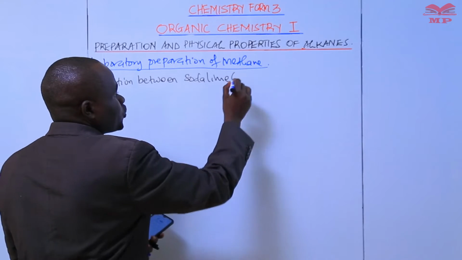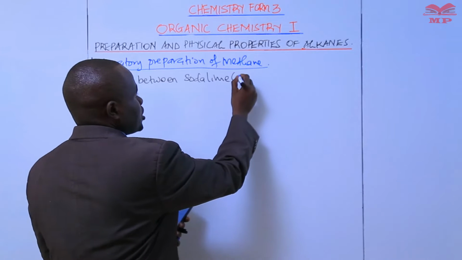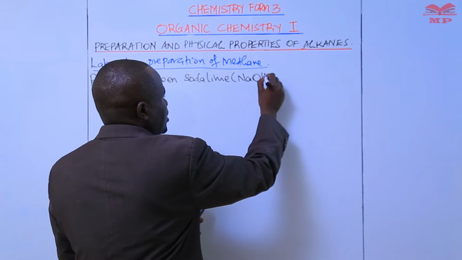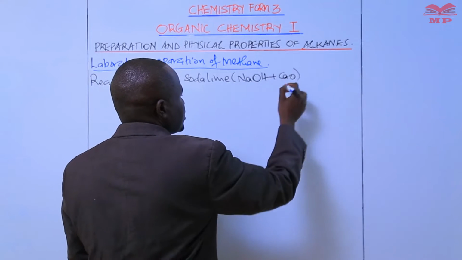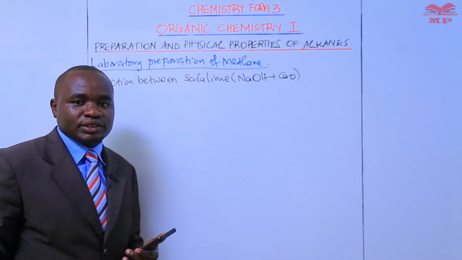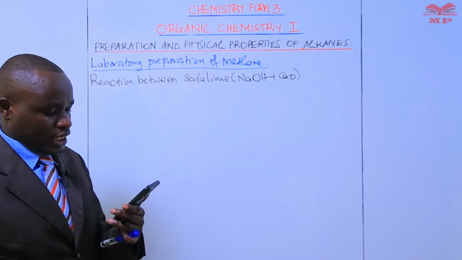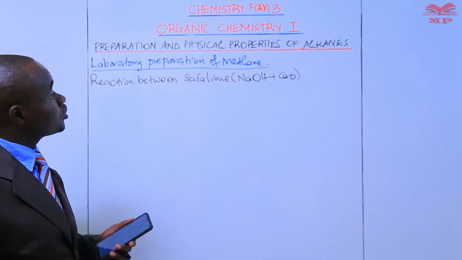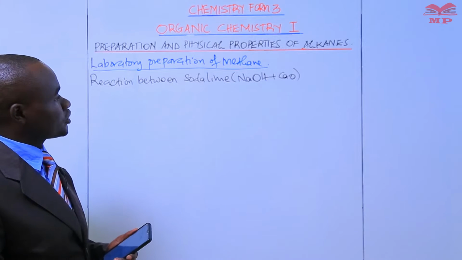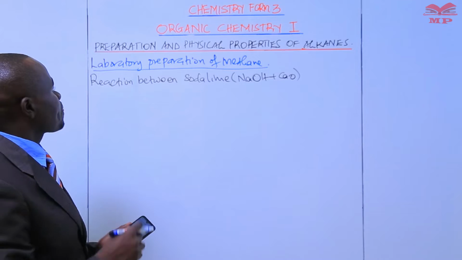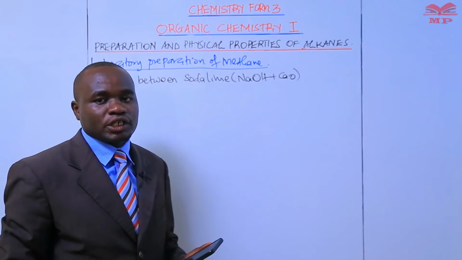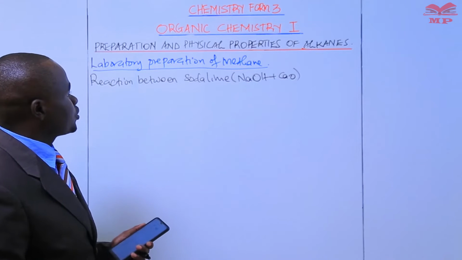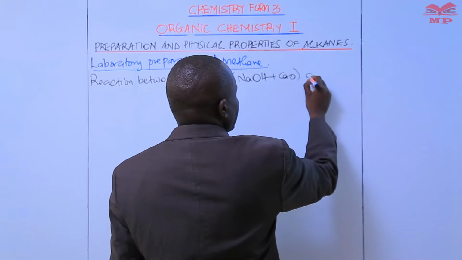Soda lime is actually a mixture of sodium hydroxide and calcium oxide, though the sodium hydroxide plays a major role in that particular reaction. So it's a mixture of sodium hydroxide and calcium oxide.